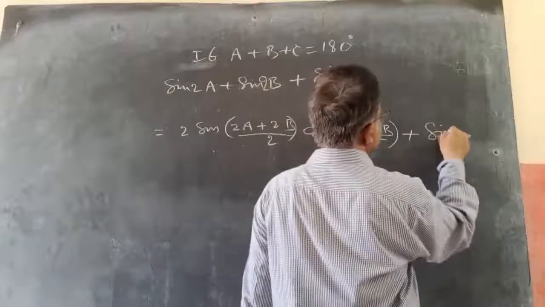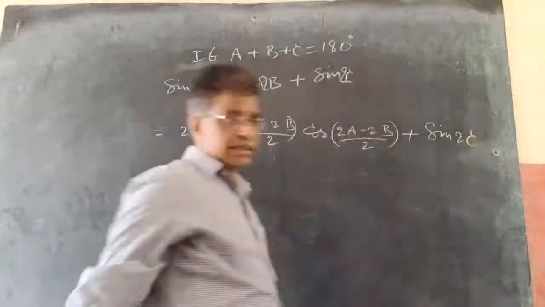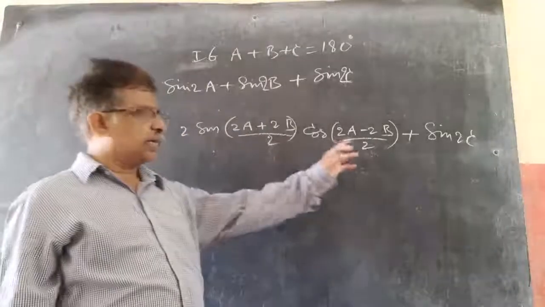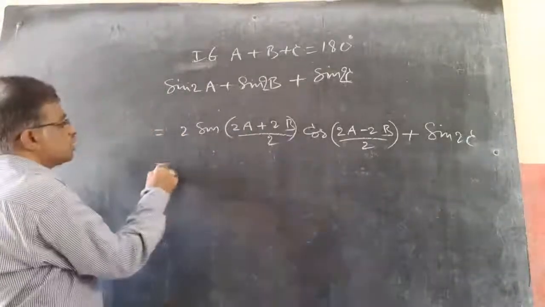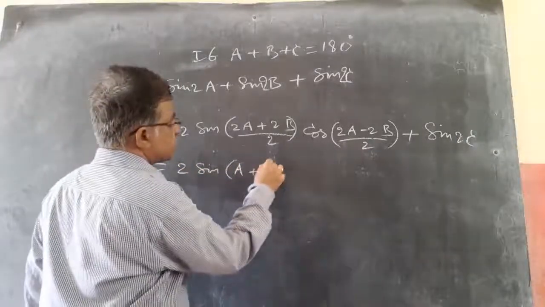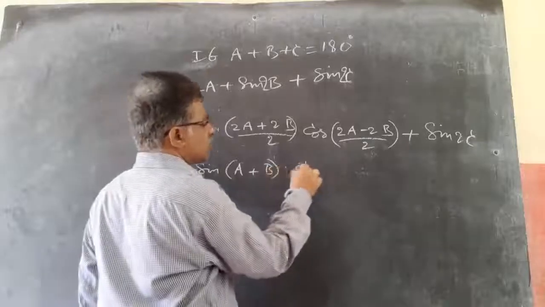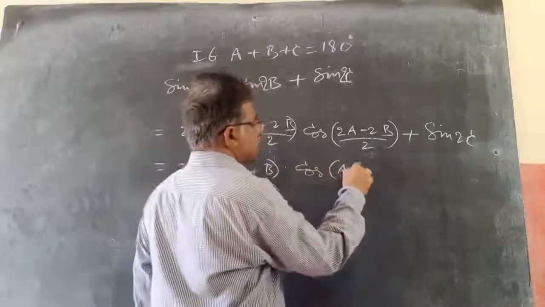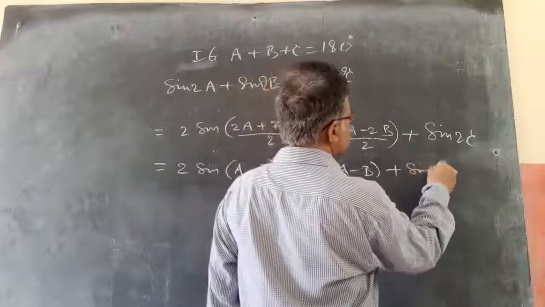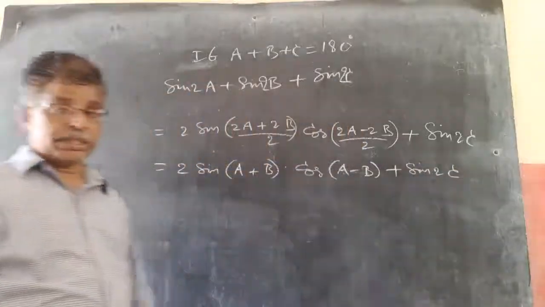Now if I take 2 common and cancel, it becomes 2 sin(A+B) into cos(A-B) plus sin 2C.